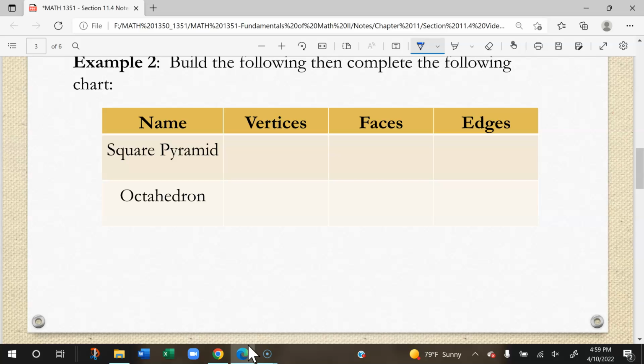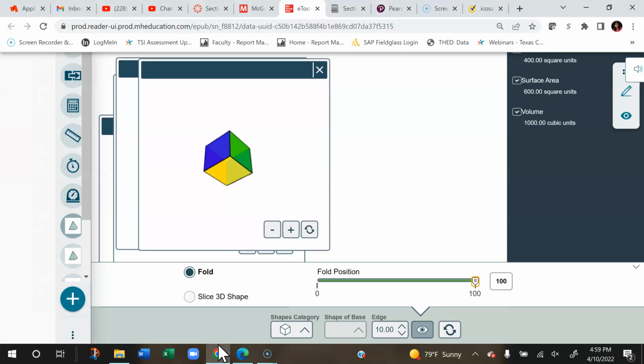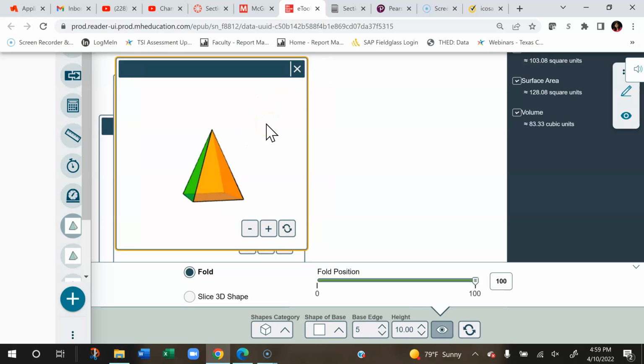For a square pyramid, here's our square pyramid. Okay, we have 4 vertices there and a 5th vertex on top. So we have 5 vertices, we have 4 faces and 1 face on the bottom, so that's 5 faces.